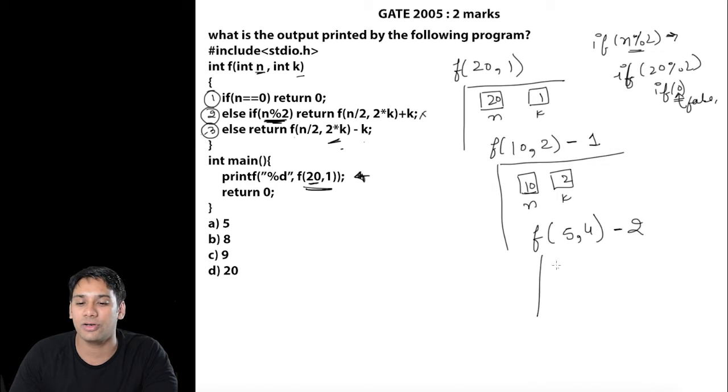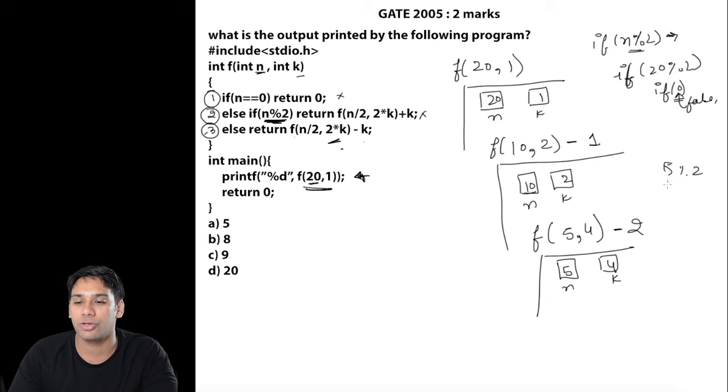When we called f of 5 comma 4, the value of n is now 5 and the value of k is now 4. Then we call this function again. This time statement number 1 will not be executed. Statement number 2 is if n modulus 2, so what is 5 mod 2?